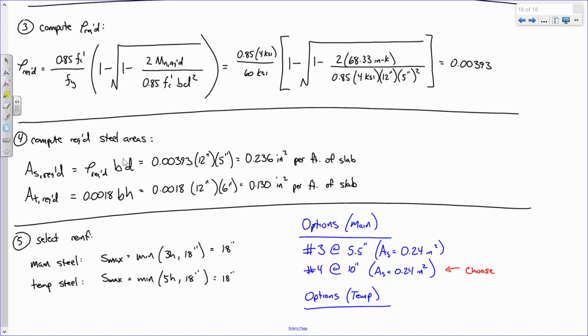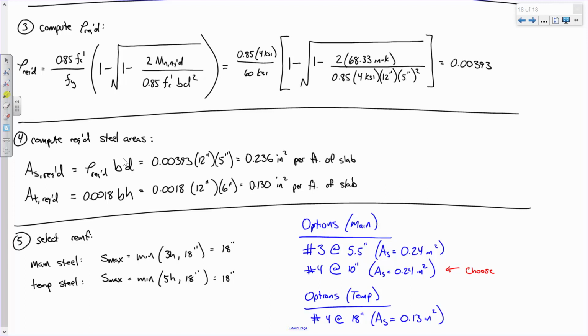Yeah, 10 inches. What about number 4s? 18 inches. And which one would you pick? They're both the same area, aren't they? And so between those, what would you pick? The number 4s, exactly. So number 4s at 18 inches. And I believe that area is 0.13.